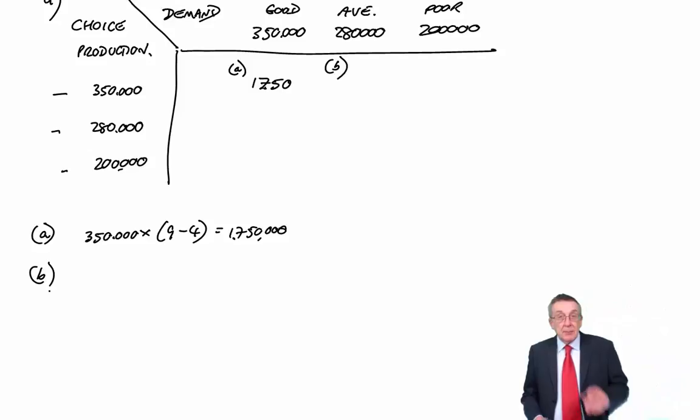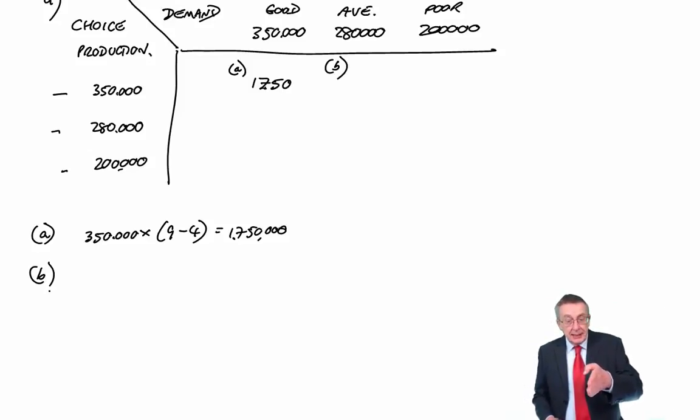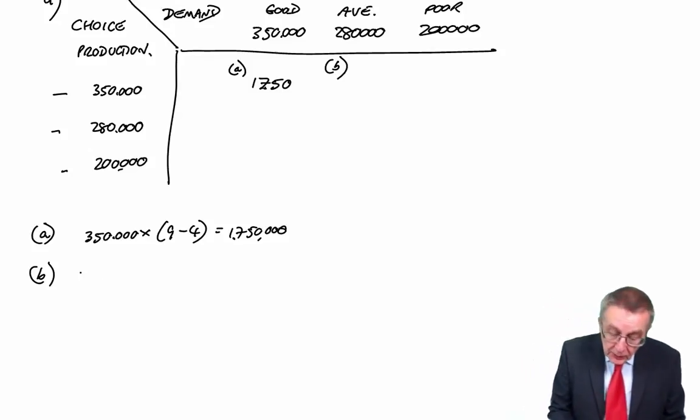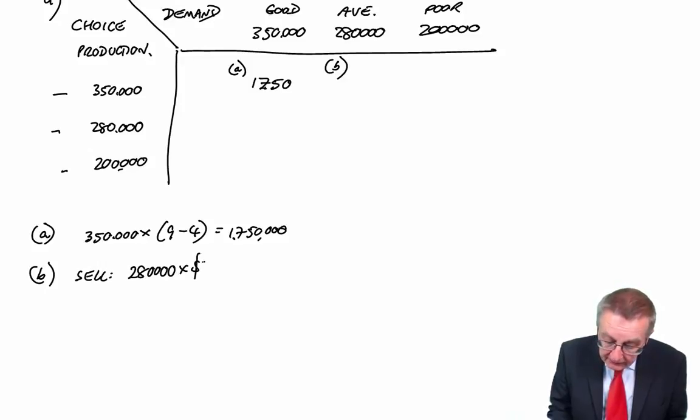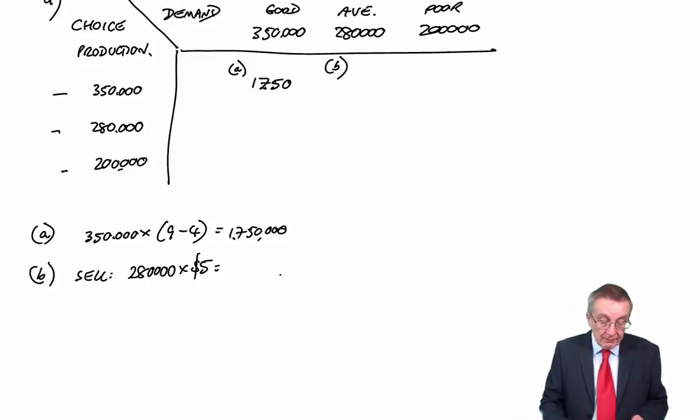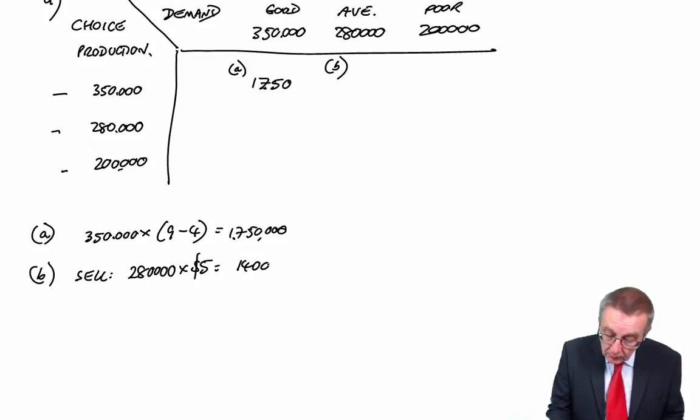B is when we produce 350, but we only sell 280. Well, on those we sell, no problem. We sell 280,000. We make $5 on each bag, as we had before. A profit of 1.4 million.